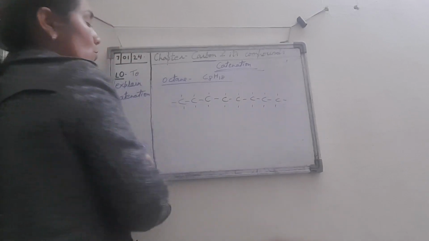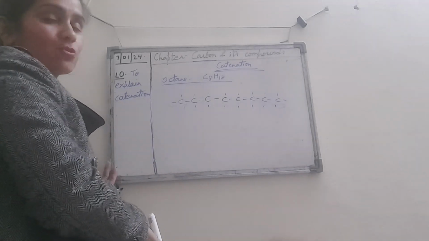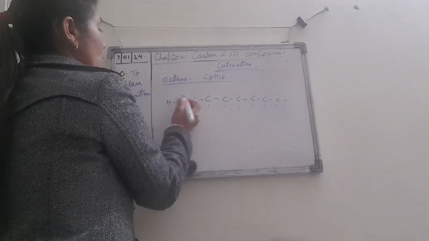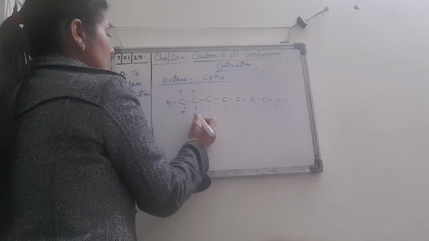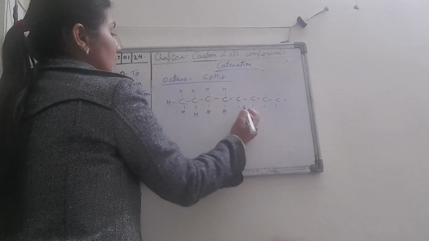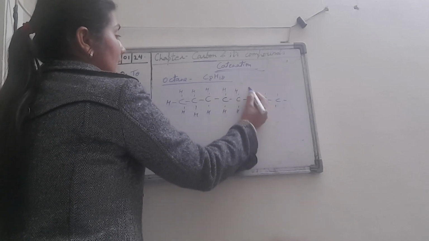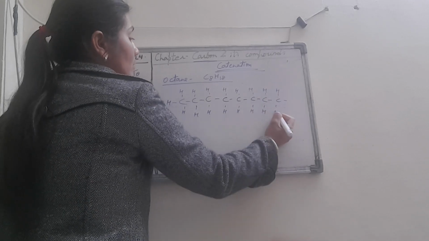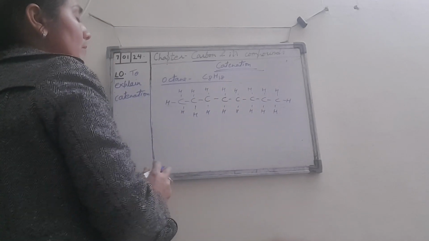Okay, so carbon forms 4 bonds because it has 4 electrons in its valence shell. So actually it is a tetravalent. So it forms 4 bonds. If you will observe that each carbon atom is forming 4 covalent bonds here in the octane as well. Right?